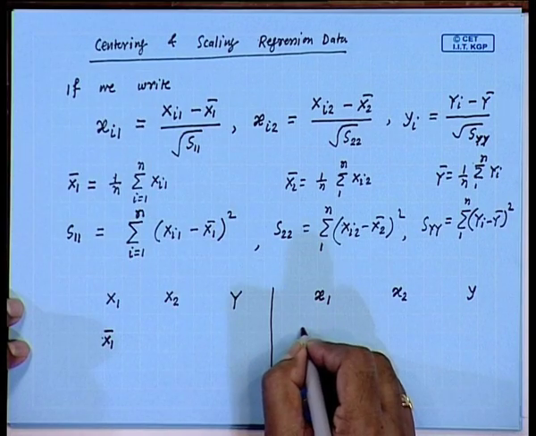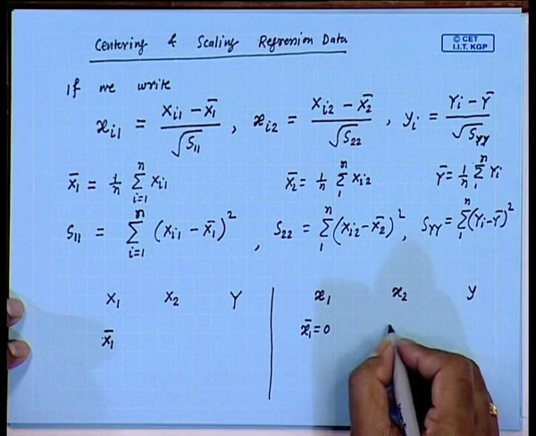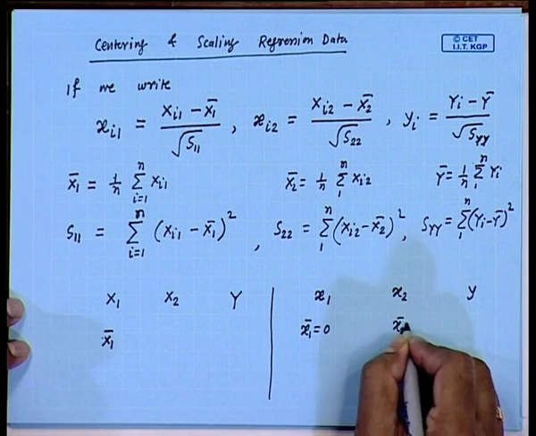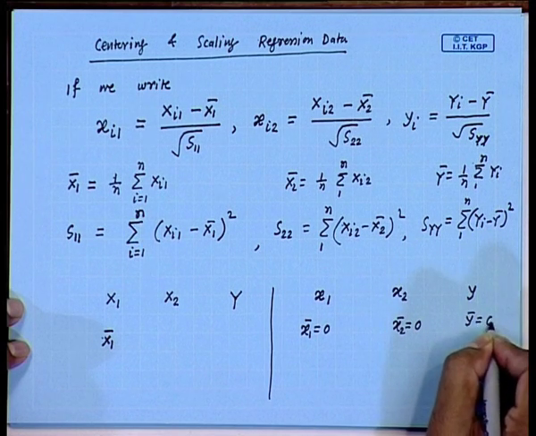So, here x1 bar is equal to 0, similarly x2 bar is also equal to 0 and y bar is also equal to 0.